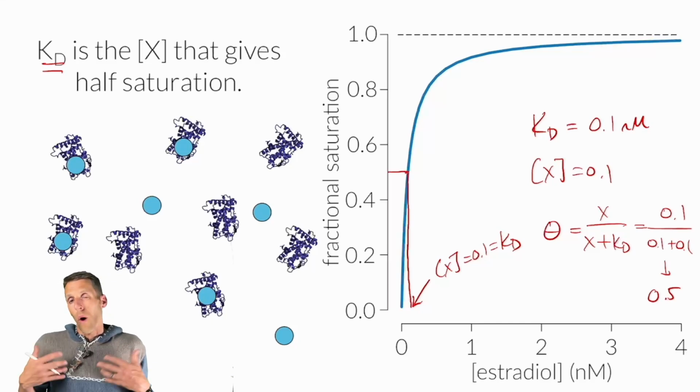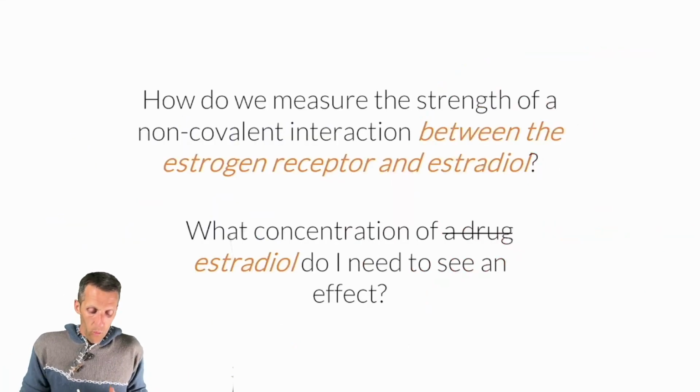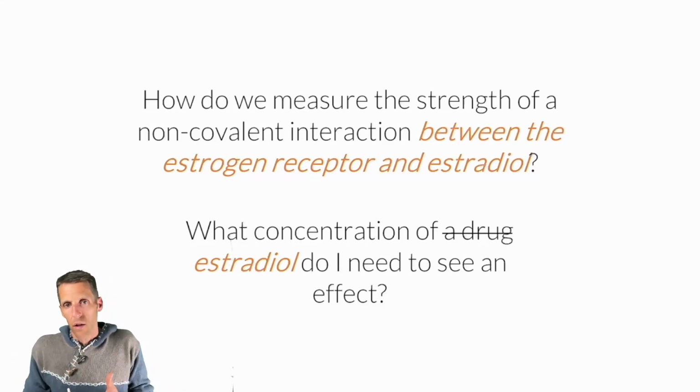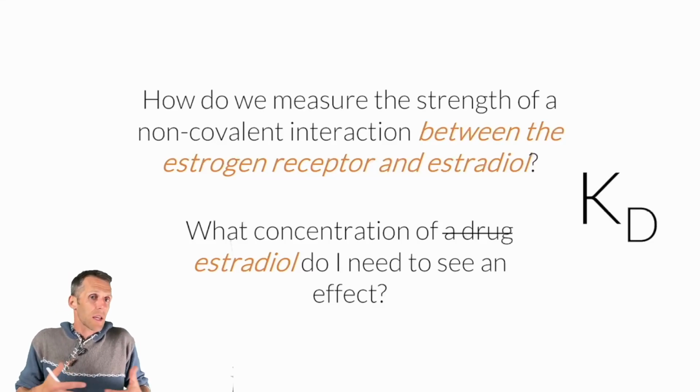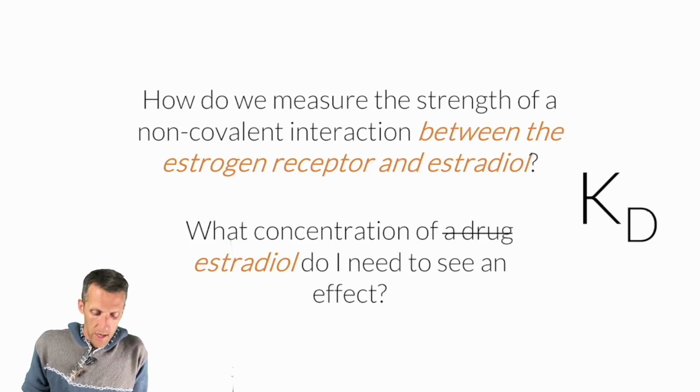All right, why does that matter? What does that tell us? Remember we asked these questions at the beginning: how do we measure the strength of a non-covalent interaction between the estrogen receptor and the estradiol, and what concentration of estradiol do I need to see an effect? The answer to both of these questions is the KD, the dissociation constant.